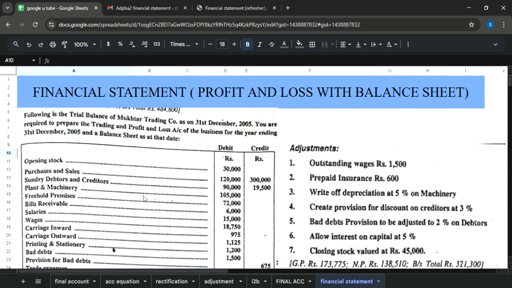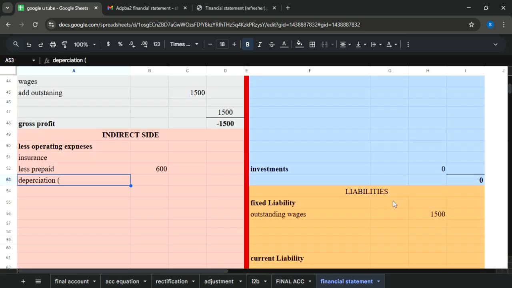This is your plant and machinery, value is 105,000, depreciation is 5%. So here 105,000 multiplied by 5 divided by 100. I'm writing it so that you can note it. This is depreciation of the machine. 105,000 was the value of the asset and you have taken 5%.